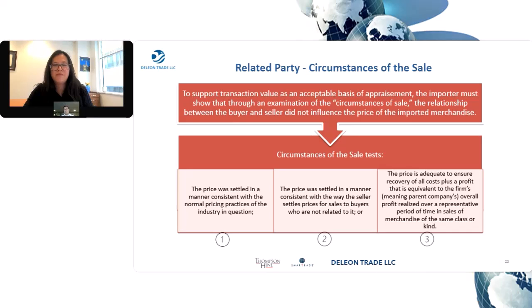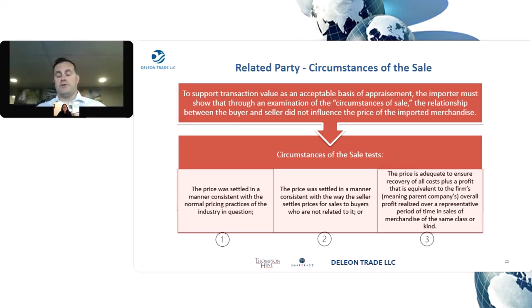Okay, that's perfect. That leads right into circumstance of the sale test 3, which is really you compare the profit on the sale to the U.S. to the parent company's profit globally on goods of the same class or kind. So to put this into perspective, let's say on the import transaction to the U.S., there is a profit of 20%.